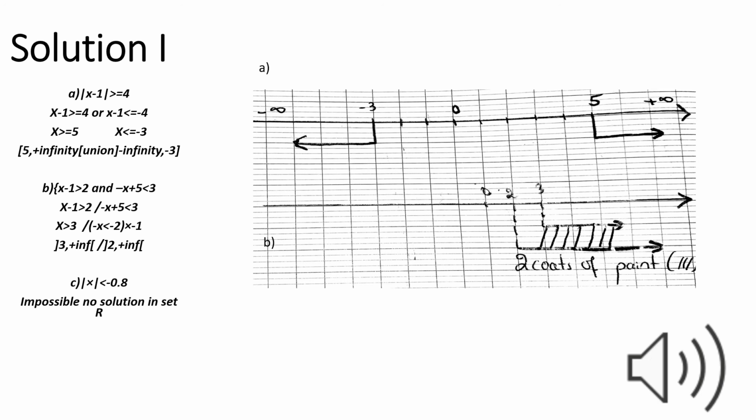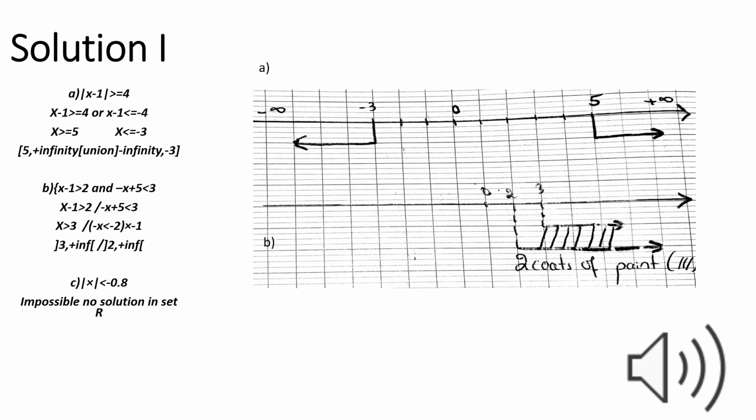X to the power 2 over 3 equal to radical 25 of index 3. It looks like the form of radical of index n equal to a, or x to the power 1 over n equal to a. We have radical x squared of index 3 equal radical 25 of index 3.